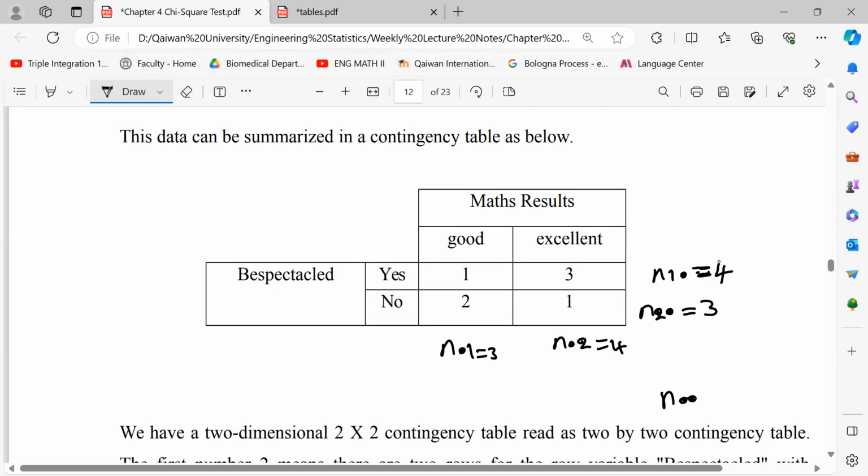Then the sum of these elements is 1 plus 3 plus 2 plus 1. Or you could just add these, which is 7. Or add these, which is still 7. Either add the sum of n_i dot or find the sum of n dot j. These are the n dot j's.